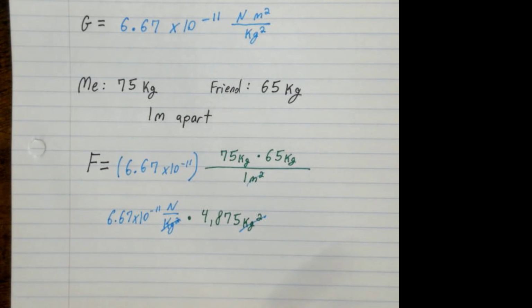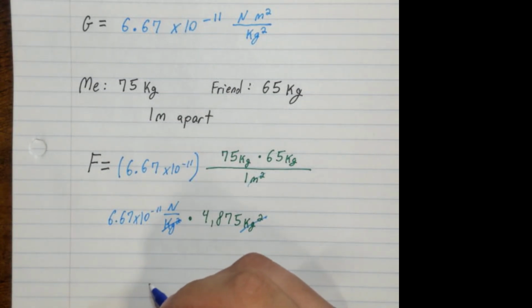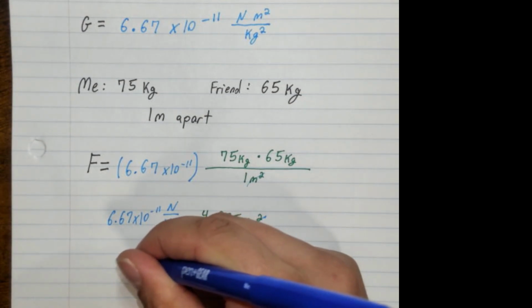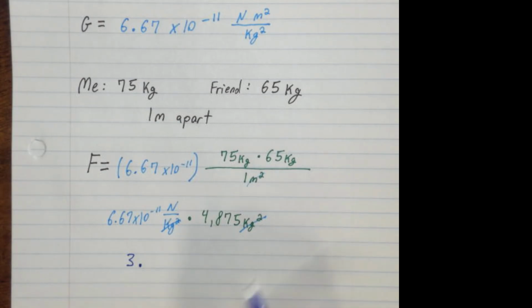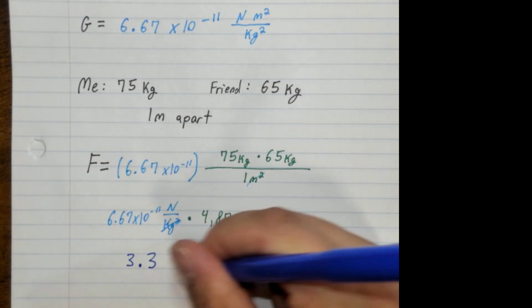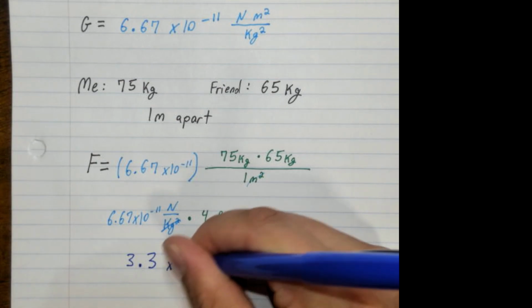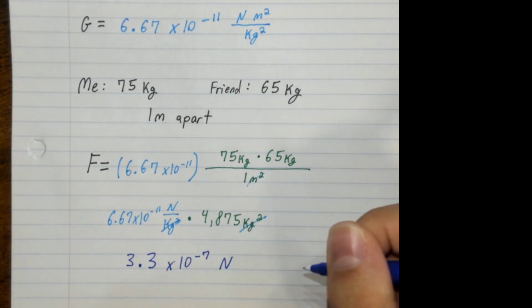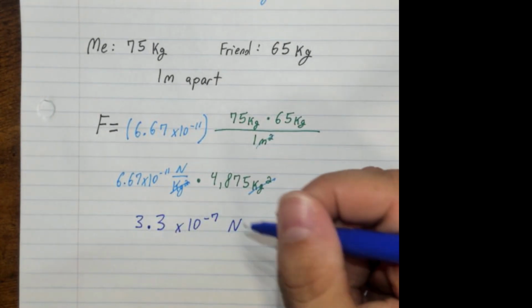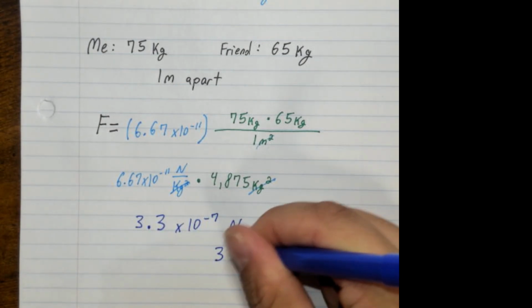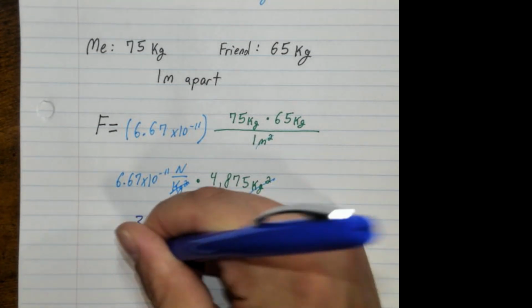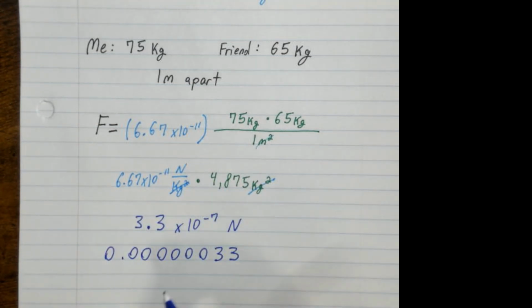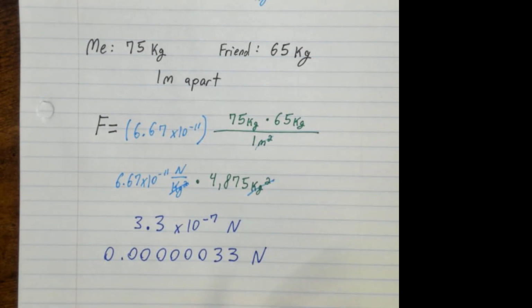So my answer for force here is going to be 3 point, what significant figures do I start with? Just 2. So let me just round to 3.3 times 10 to the negative 7 newtons. Or if I take this out of scientific notation, let me do 1, 2, 3, 4, 5, 6, 7 zeros. So 0.00000033, which is really, really small.